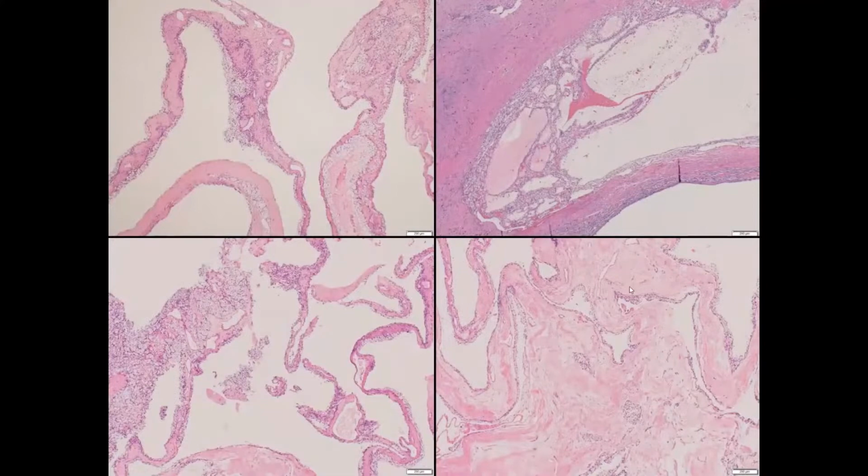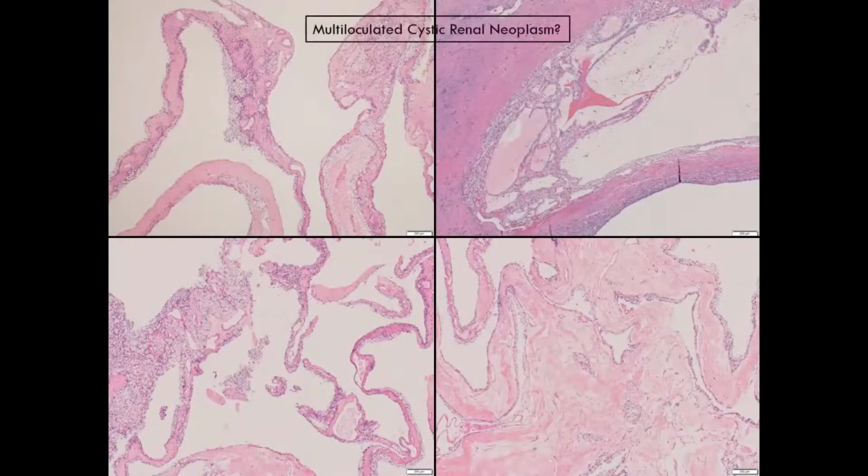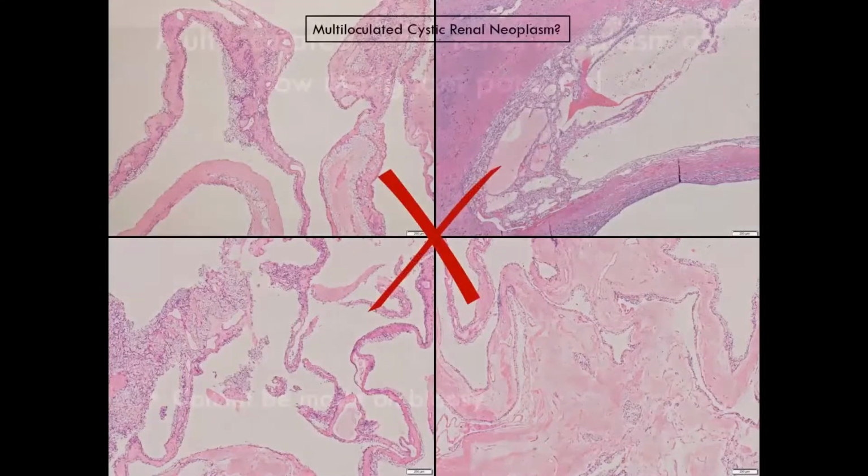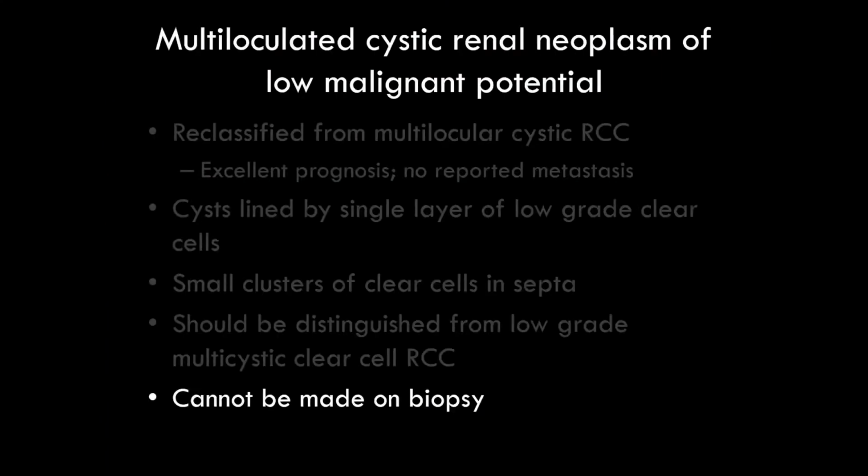So in these cases where the regression has occurred, it's more likely that these areas had clear cell clusters earlier, and it's more likely that they actually represented a clear cell renal cell carcinoma to begin with. So this also should not be called a multiloculated cystic renal neoplasm. So we have to be strict about these criteria. And obviously, because of these reasons, this diagnosis cannot be made on biopsy material.